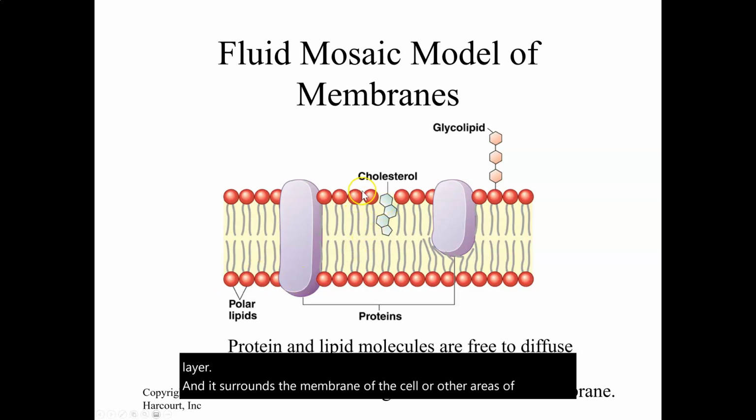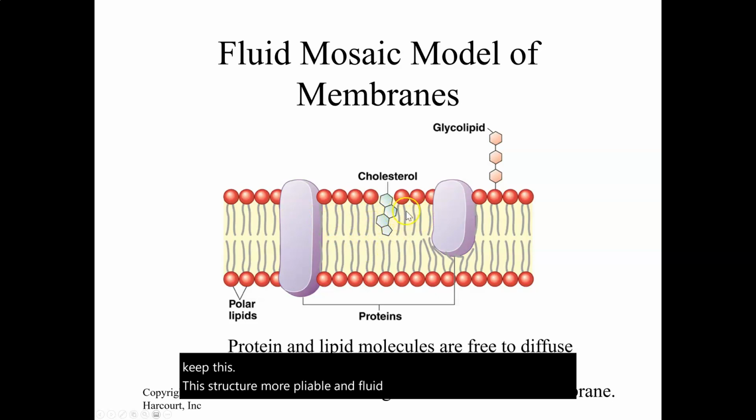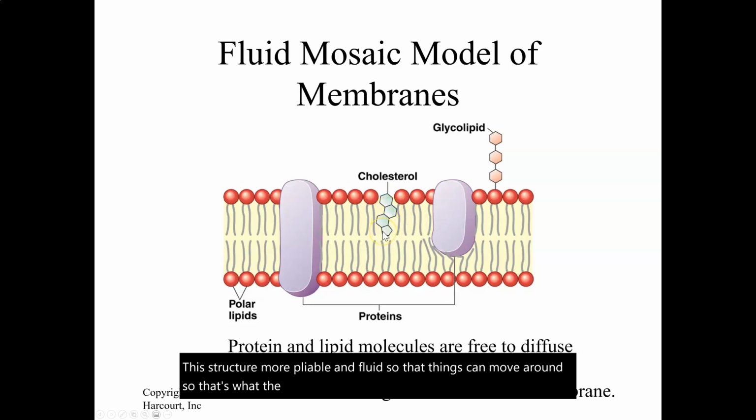And inside this membrane, we've got proteins that are doing important work. We've got cholesterol molecules. These can keep this structure more pliable and fluid so that things can move around. So that's what the cholesterol is doing in this cell membrane. We can also have these little things called glycolipids.